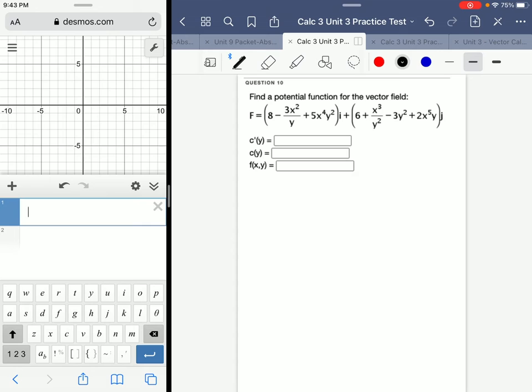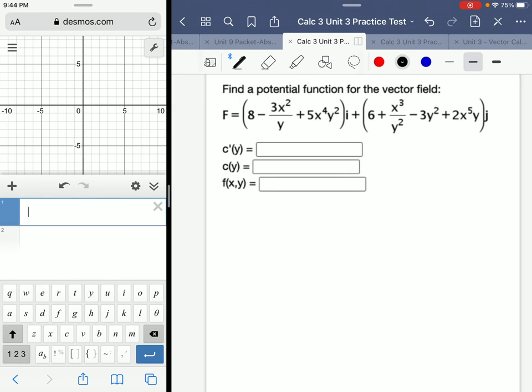So number 10, they're asking us to find a potential function for the vector field. First thing we have to do is make sure that it's a conservative vector field.